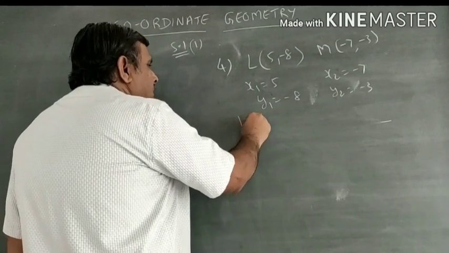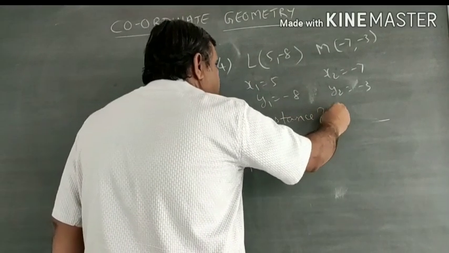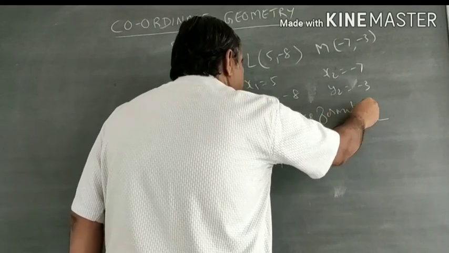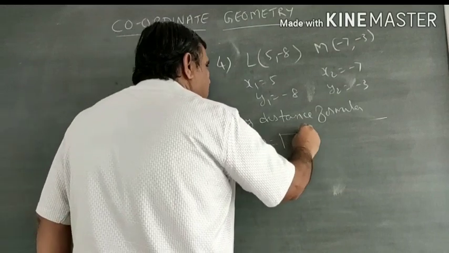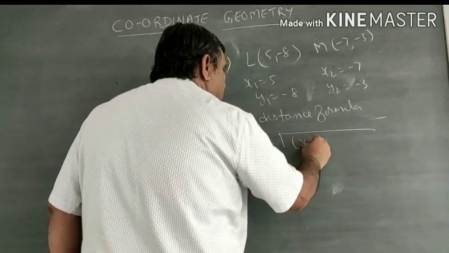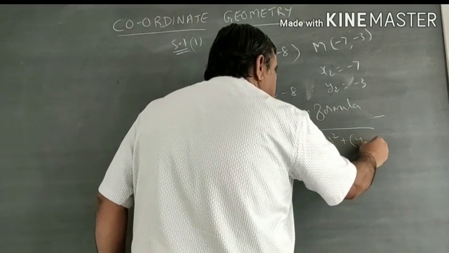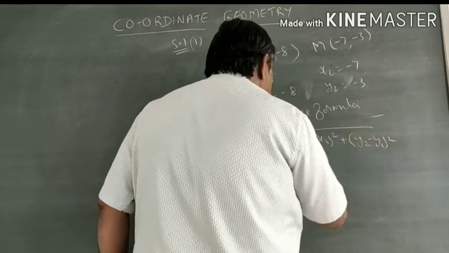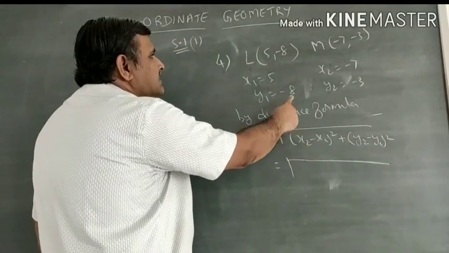Now, by distance formula, what is LM equal to under root x2 minus x1 square plus y2 minus y1 square. It is equal to, what is x2 minus x1?